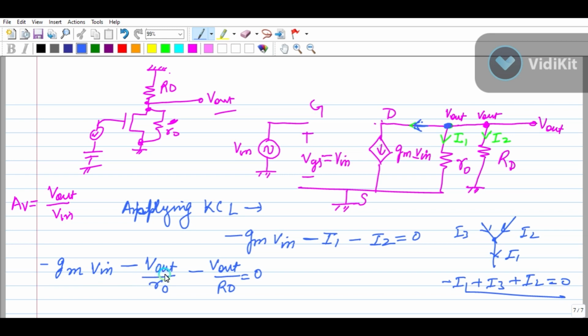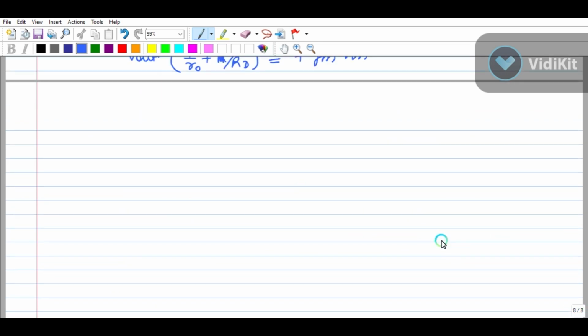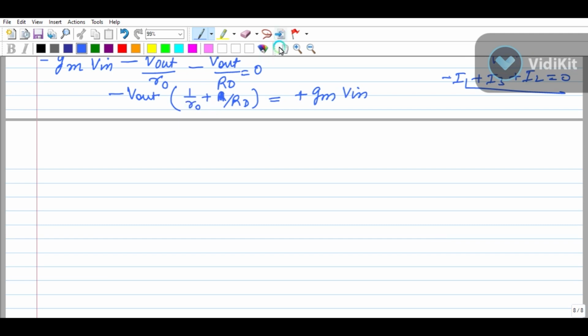So keep this V out outside, and inside will remain 1 by R naught plus 1 by RD equal to plus GM V in. Okay, so this equation we have.